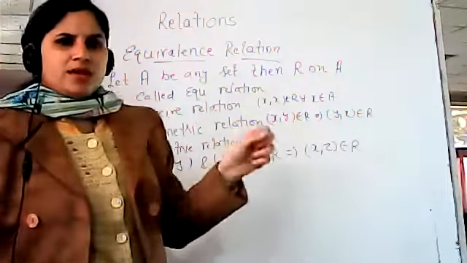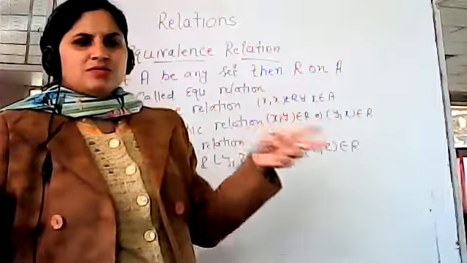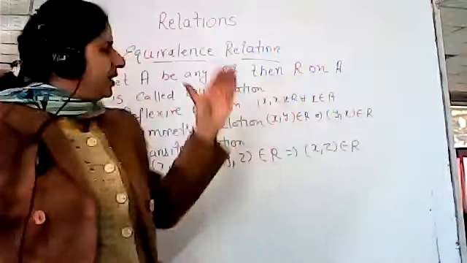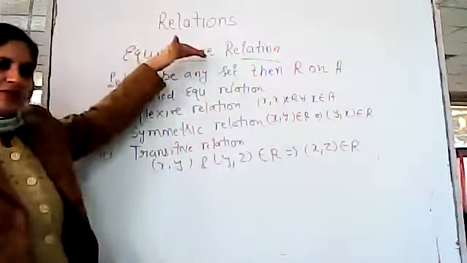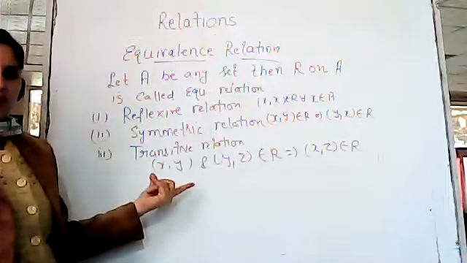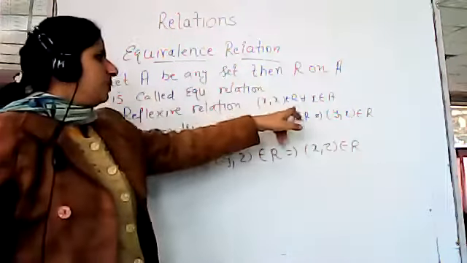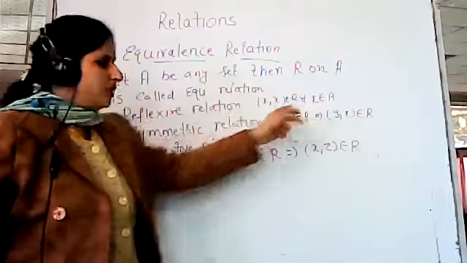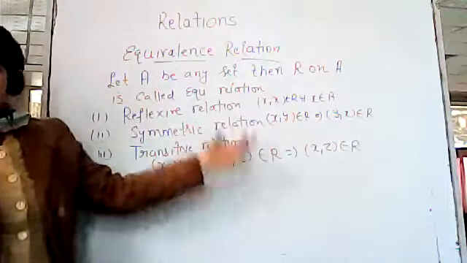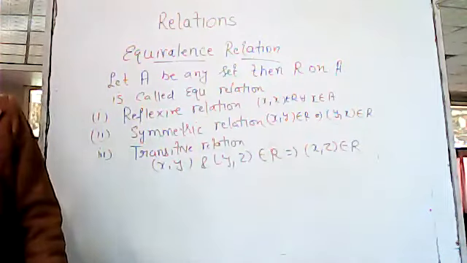Don't just write down that a relation will be equivalence if it is reflexive, symmetric and transitive. Then you will get only 0.5, that is half a mark. So if you get this definition in your exam, you have to define each and every property. Reflexive, that is x comma x belongs to R, for every x belongs to A. For symmetric, this is the condition. For transitive, this is the condition. And also we can quote an example along with this.